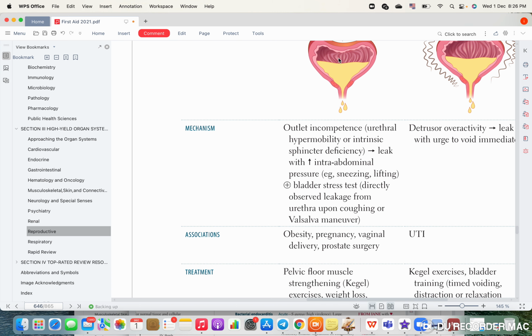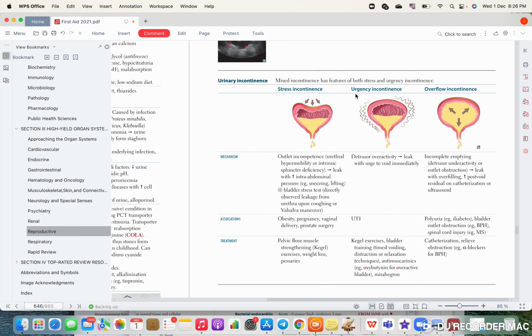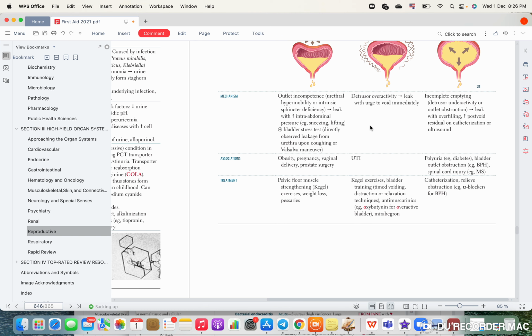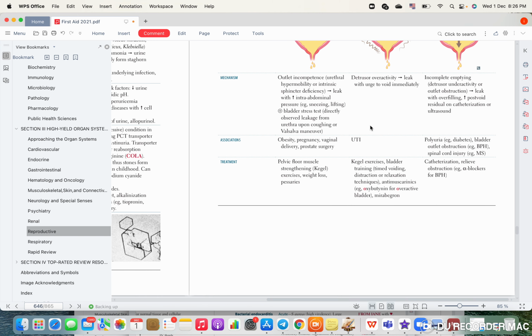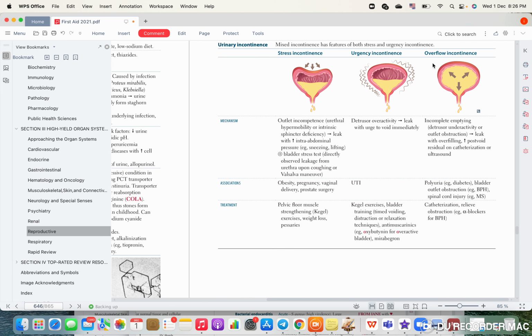Good. Well, can someone tell me what will happen to the post-void residual volume in case of overflow incontinence? It will be ridiculously increased, okay? Because he's not emptying, incomplete emptying.